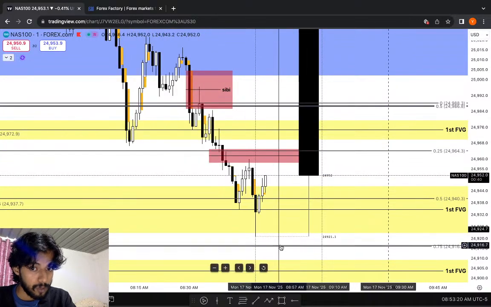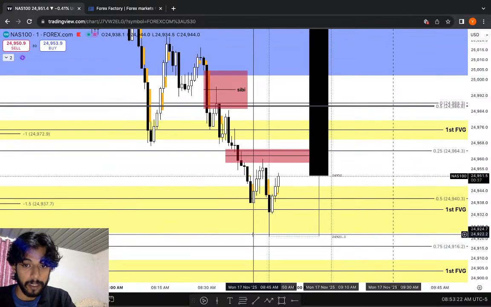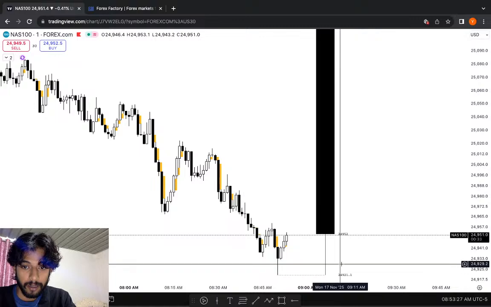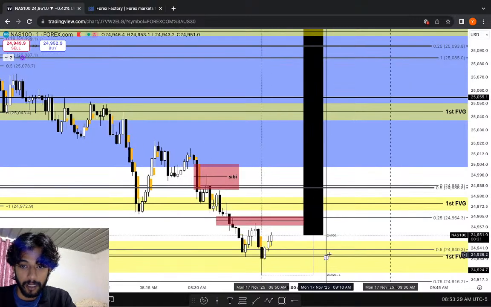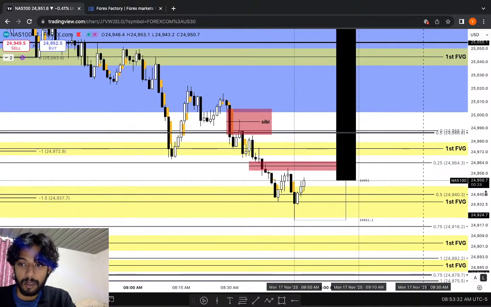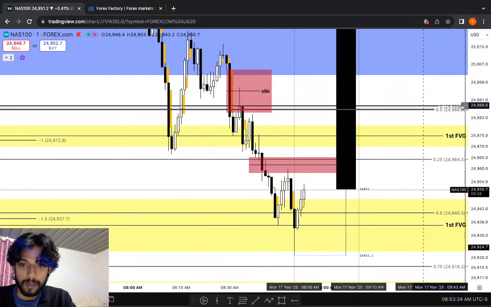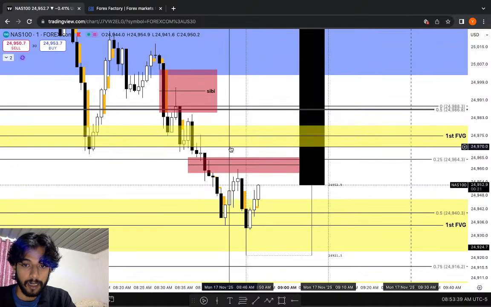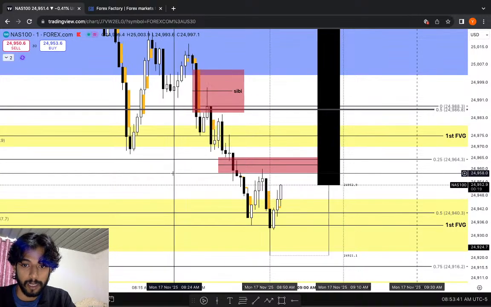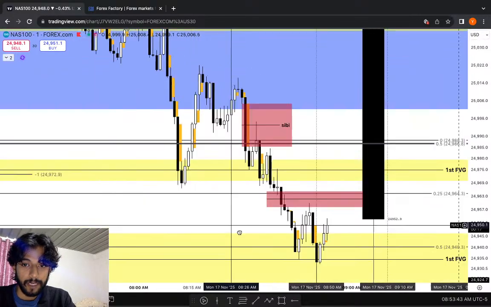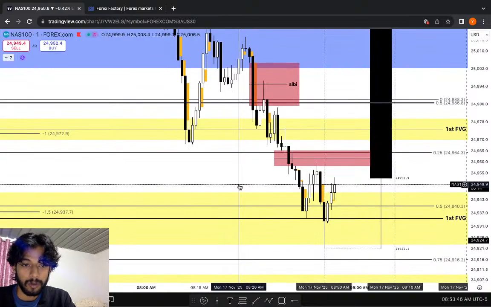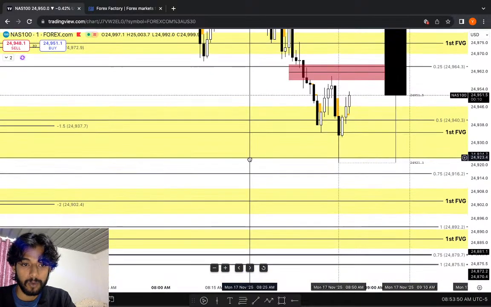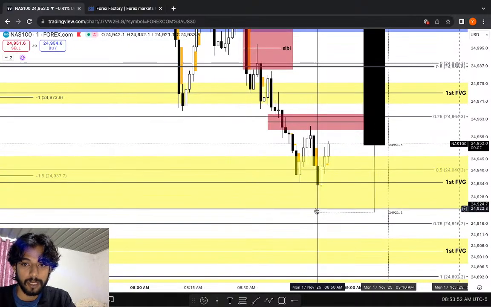Till now I was looking for lower prices, but now I'm a little bit concerned, because what I see here is some kind of potential retracement. That is possible, because we have come down around negative 1.5. We are still away from that negative 2 deviation, but we have taken out sell side.